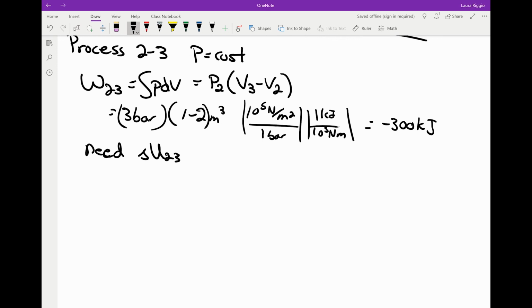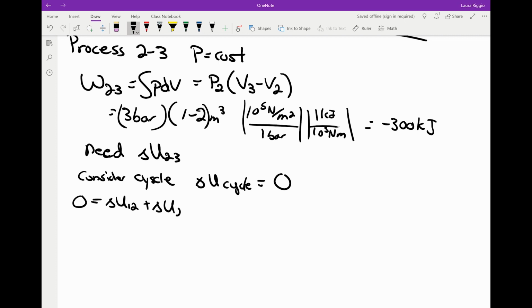I'm not given that, but where I can find it is I can consider my cycle. So delta U of the cycle has to equal 0. So that means that delta U from 1 to 2 plus delta U from 2 to 3 plus delta U from 3 to 1 is equal to 0.